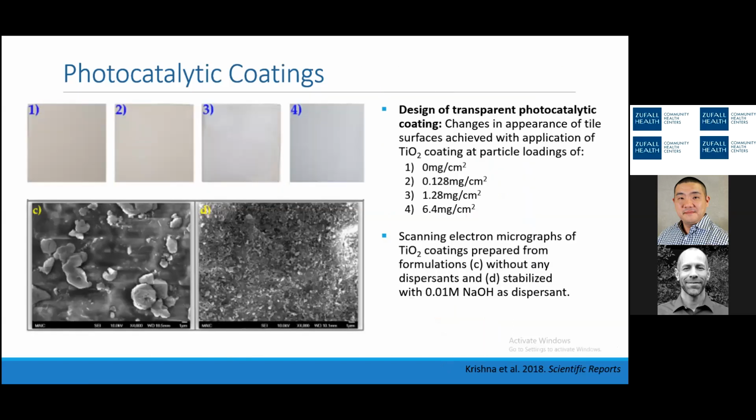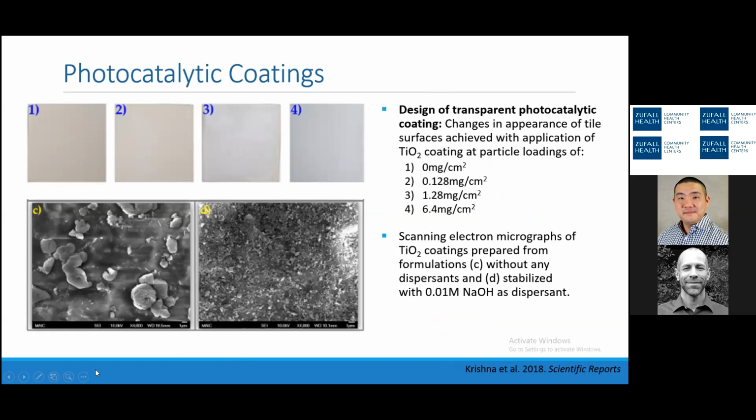This SEM image shows how these titanium dioxide coatings are dispersed on the surface. Oftentimes, they use sodium hydroxide as a dispersant to help get a more uniform coverage and better reactivity with light when you have it dispersed at this level.